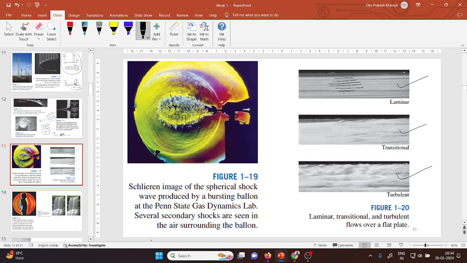So based on Reynolds number, you all know laminar flow, transition flow, and turbulent flow. Let us discuss: what is your Reynolds number? Inertia force by viscous force.